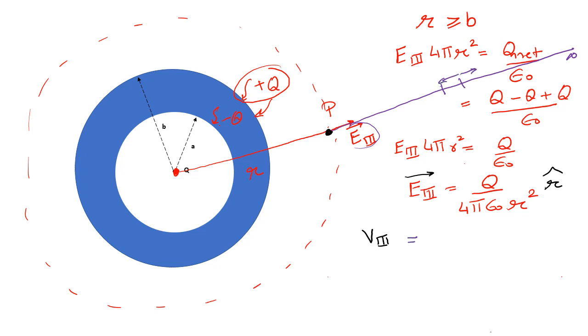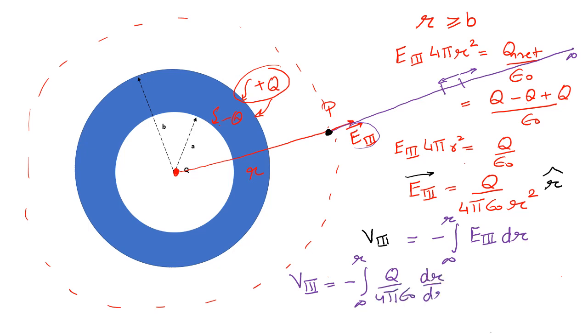And we have seen that this integral is simply going to be minus the integral from infinity to r of E3 dr, and thus V3 is going to be minus the integral from infinity to r of q by 4 pi epsilon naught, dr by r squared, which is q by 4 pi epsilon naught r.